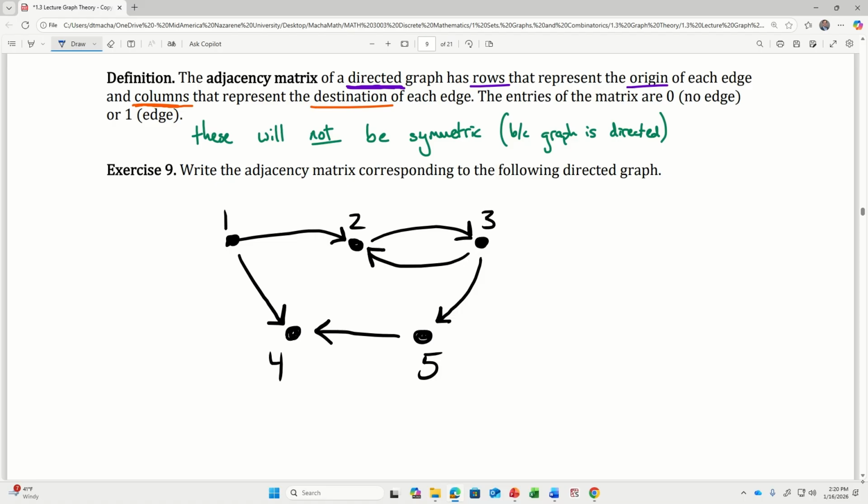Okay. Write the adjacency matrix corresponding to the following directed graph. Okay. Looking at node 1. Node 1 is the origin of two edges that go to 2 and 4. Node 2 is the origin of an edge that goes to 3.